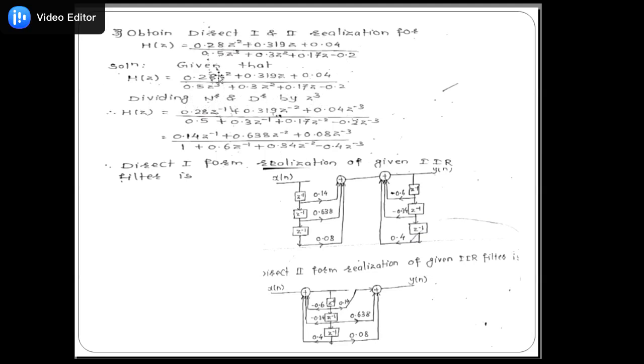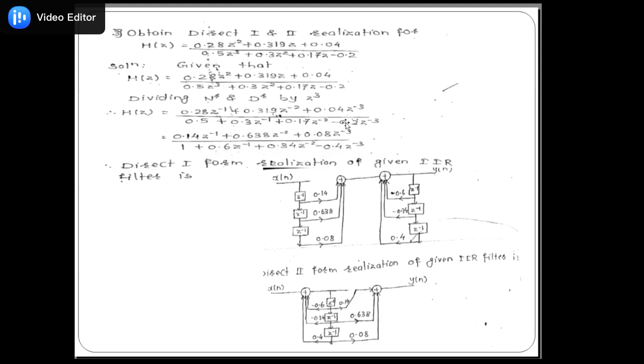That will generate the equation in reverse direction, means that will be 0.28 z to the power minus 1 plus 0.319 z to the power minus 2 plus 0.04 z to the power minus 3, then divided by this equation 1 plus 0.6 z to the power minus 1 plus 0.34 z to the power minus 2 minus 0.4 z to the power minus 3.